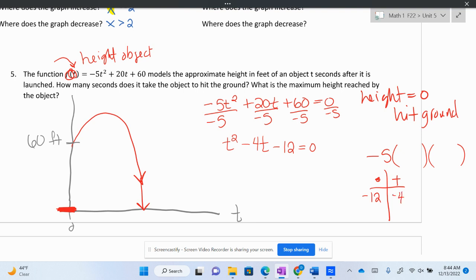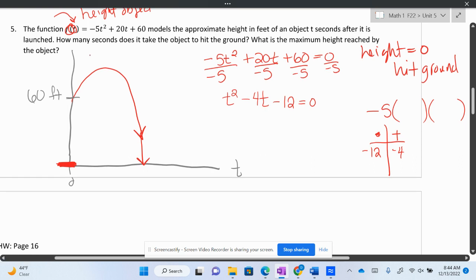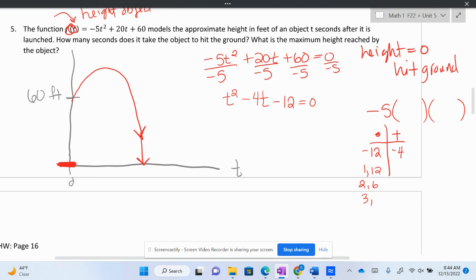What number am I putting on the plus side of my t-chart? Okay, let's just list the factors of 12: 1 times 12, 2 times 6, and 3 times 4. Which one of those could potentially give me a difference of 4? The 2 and the 6. One of them has to be positive and one negative. Which one do I want to make negative to give me a sum of -4? The 6.